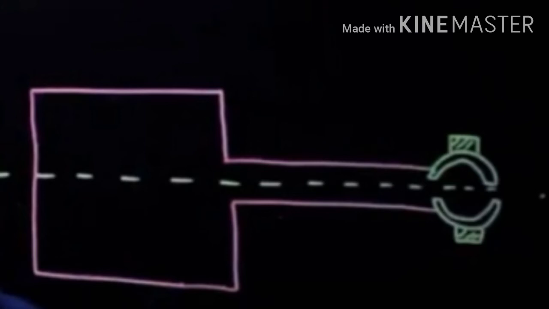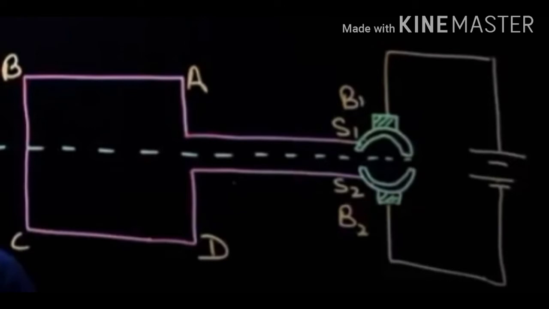With the split ring commutator we join the two brushes, and after that you have to connect the brushes with the battery like this, because we have to supply the energy. Why did we join these brushes? To provide the electrical connections to the circuit. We use these two brushes for the electrical connection. Clear?